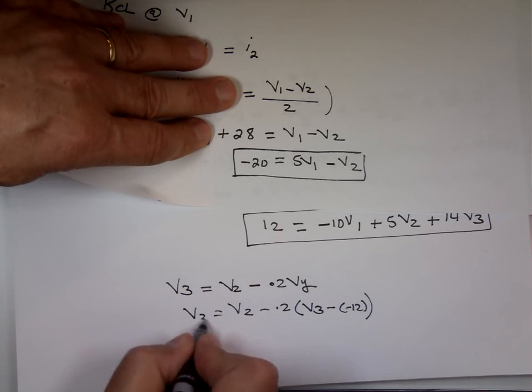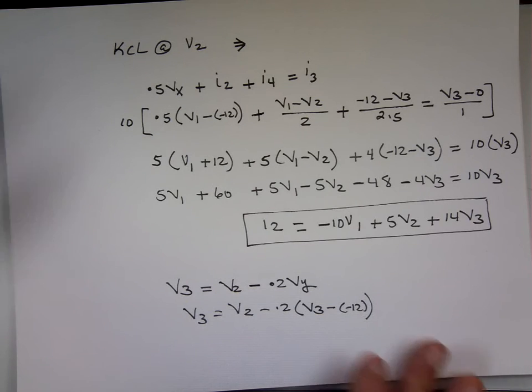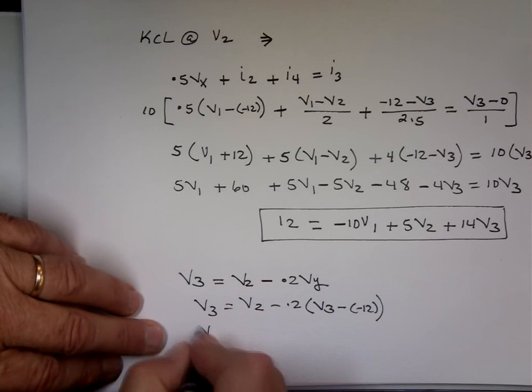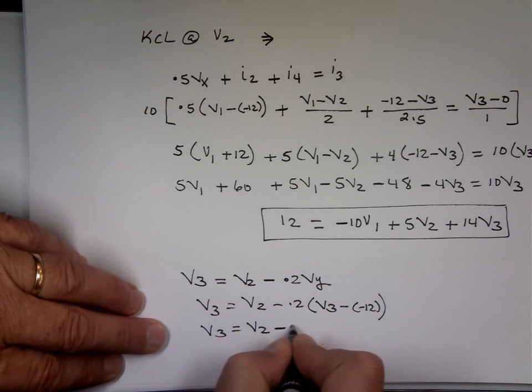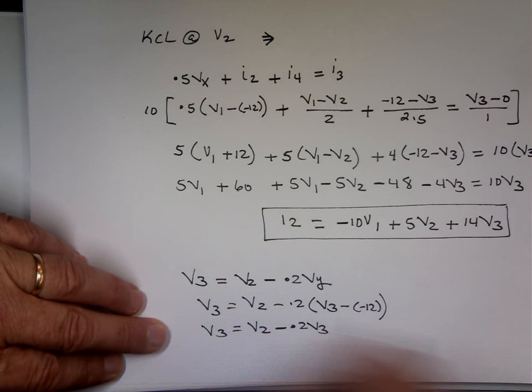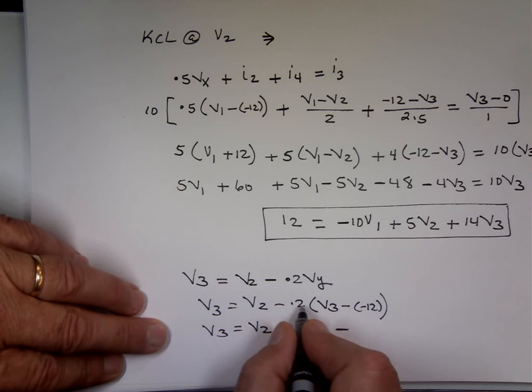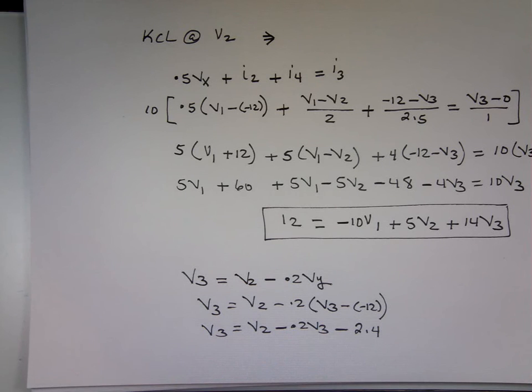We do the math, and we should have a third equation now. V3 equals V2 minus 0.2 times V3 minus a minus, that's a plus 12. So negative times a positive is negative. What's 0.2 times 12? Is that 2.4? 0.2 times 12. It is.